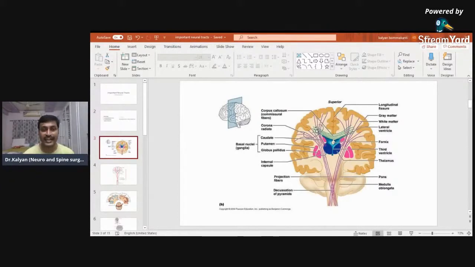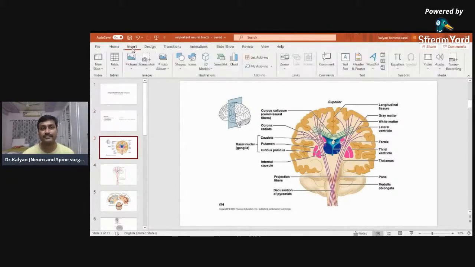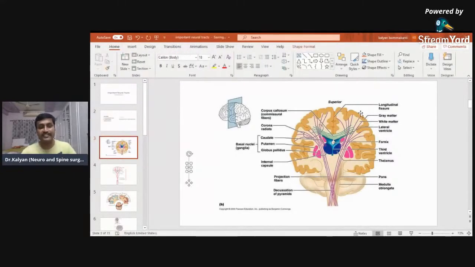The corona radiata is a fan-like structure situated in the deep white matter.